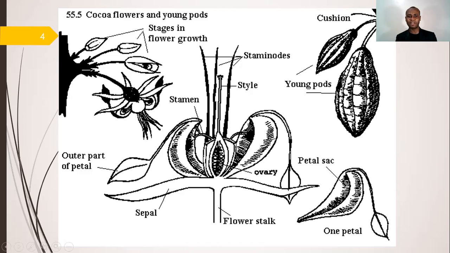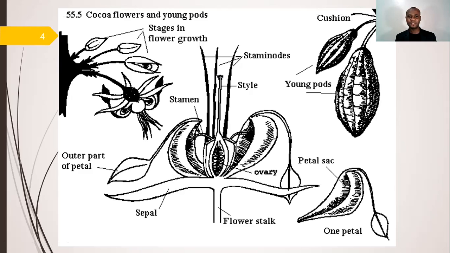Usually the structure of the flower makes it almost impossible for cacao to pollinate itself, because the female structure is higher than the male structure. It's difficult for the pollen grains to rise from here and fall on the side over here. So most fertilization in cacao is more of cross pollination instead of self-pollination.